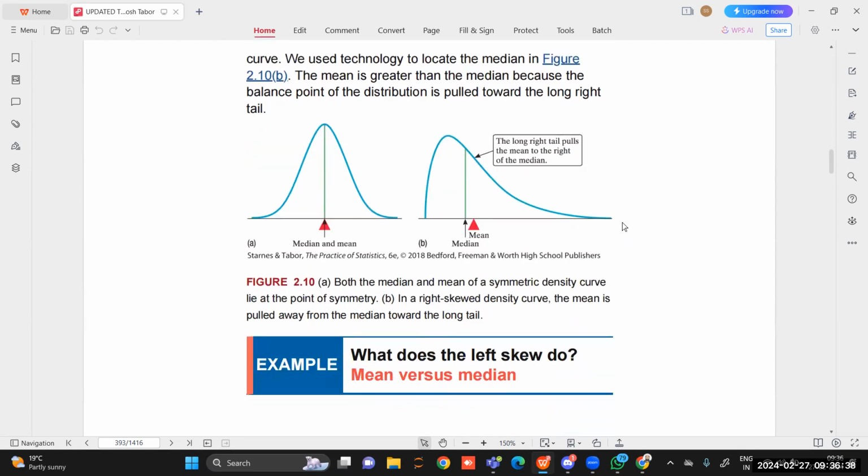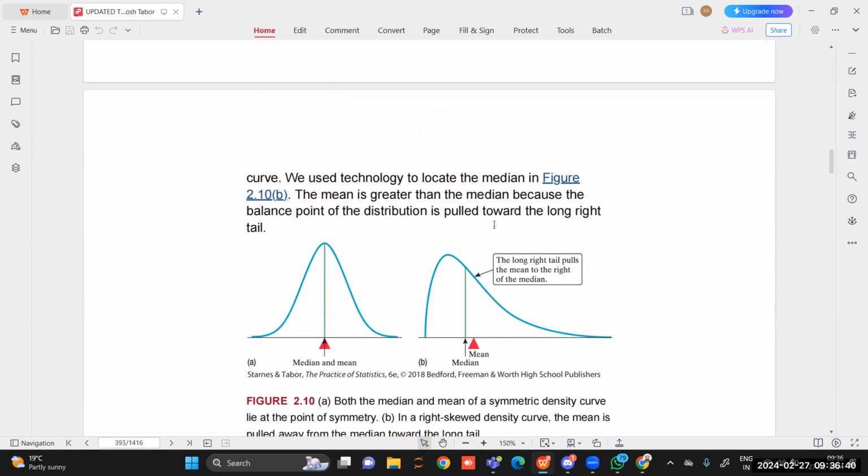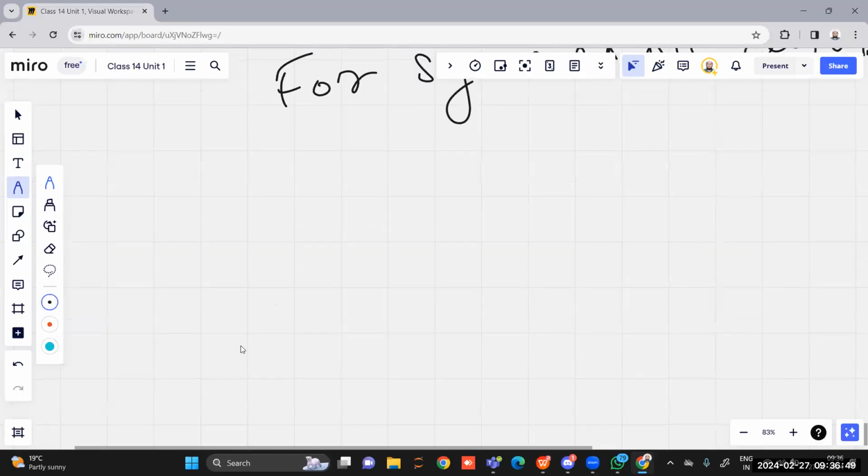See how it is shown. We use technology to locate the median in figure 2.10. The mean is greater than the median because the balance point of the distribution is pulled toward the long right tail. I have explained this already.